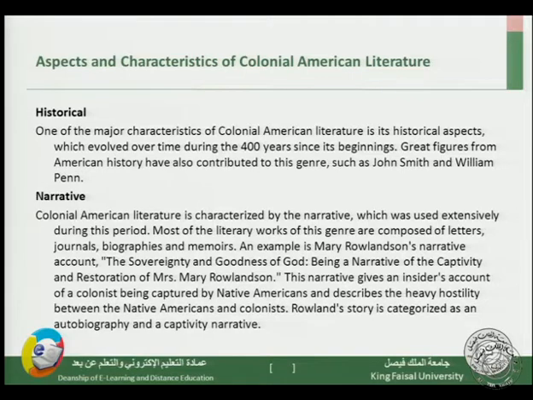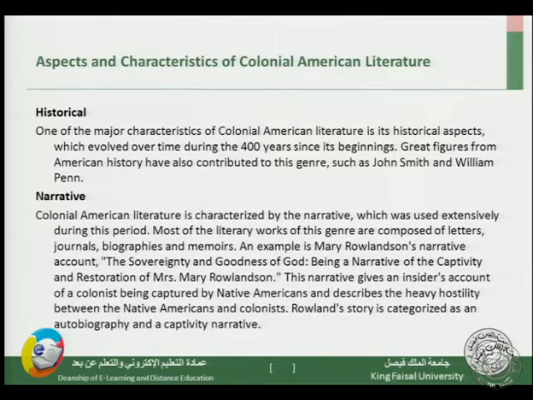Then another aspect is narrative. The writings of that period of American literature were also narrative, which means there was a lot of writing that related to narration. If we say narrative, from the type of writing you can tell what narrative means.